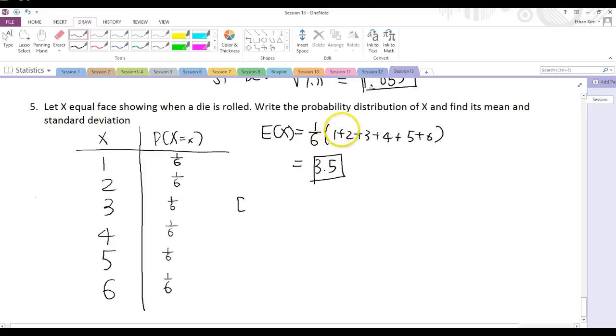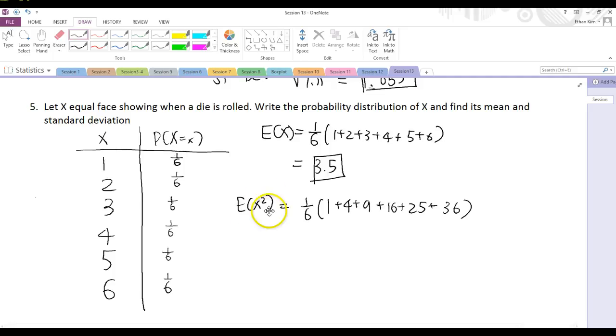To find variance, you have to find the second moment, right? And that's also the same. You just square the value, so 1 plus 4, 9, 16, plus 25, plus 36. Okay?